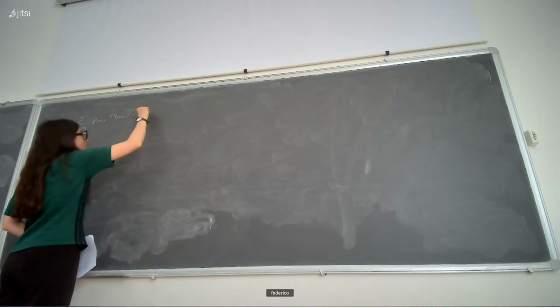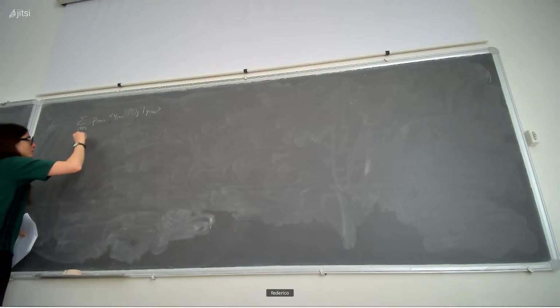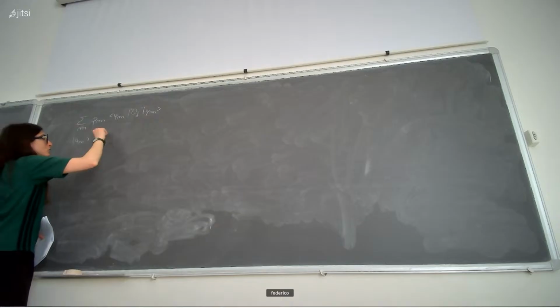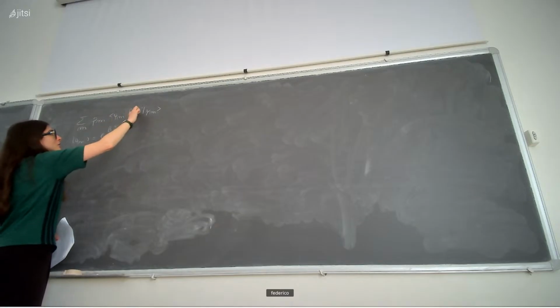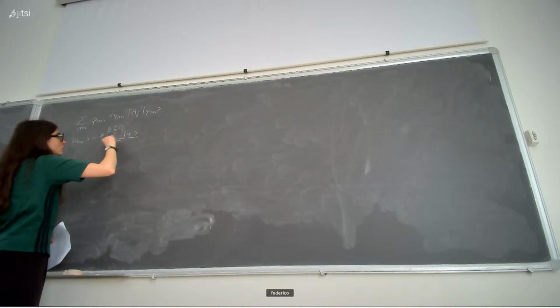Now, if we denote psi_n as e to the beta sum over j of a_j acting on psi, divided by the square root of P_n.